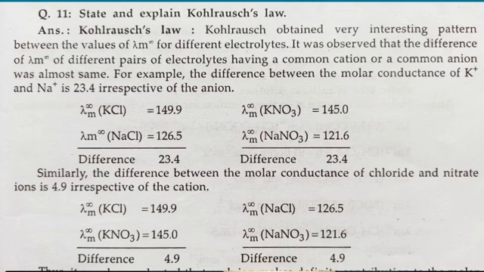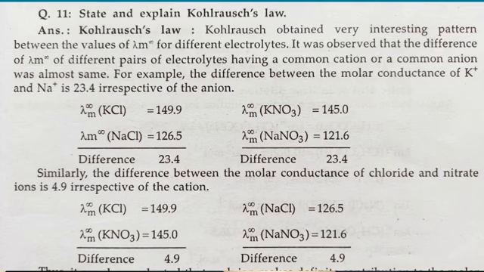You can see over here lambda m infinity of KCl is 149.9, and lambda m infinity of NaCl is 126.5, so the difference is 23.4.